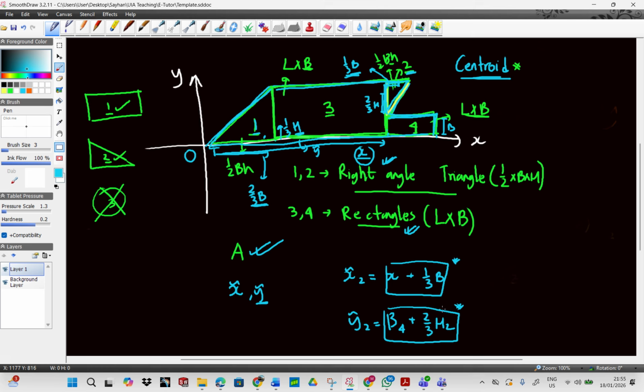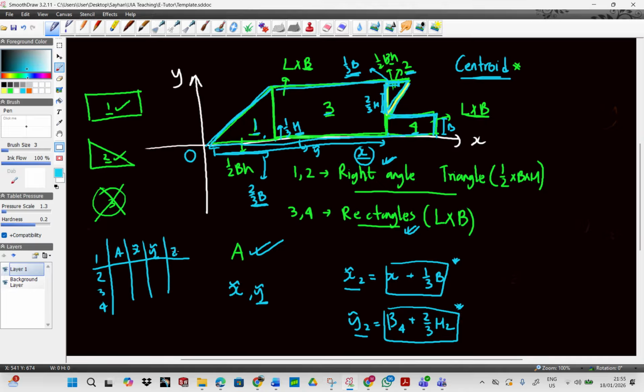Yes, sir. Okay, so once you find your x tilde, y tilde for 2, I think for 3 and 4 is pretty straightforward. I don't have to explain it. And then of course what you do is that you tabulate it with each section: section 1, section 2, section 3, section 4. Then you have your area, your x tilde, y tilde.